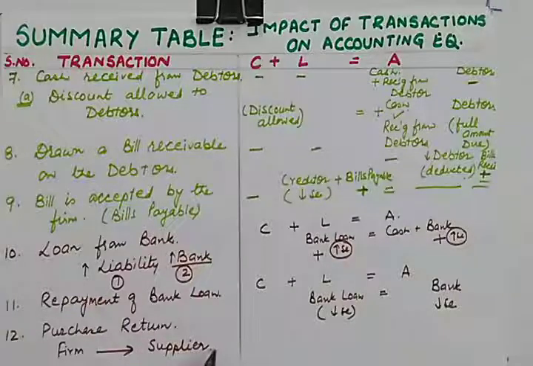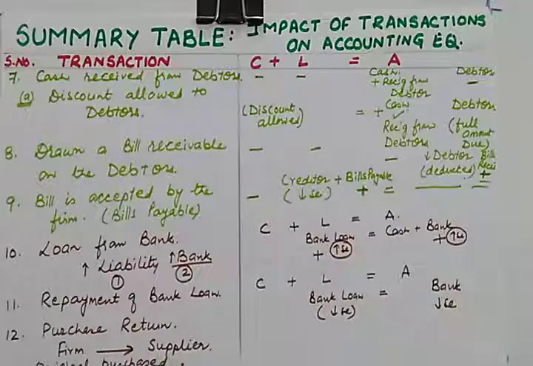So before going for the treatment, let us make it very clear that normally in the books we assume that whenever we are talking about purchase return, these goods were originally purchased on credit.